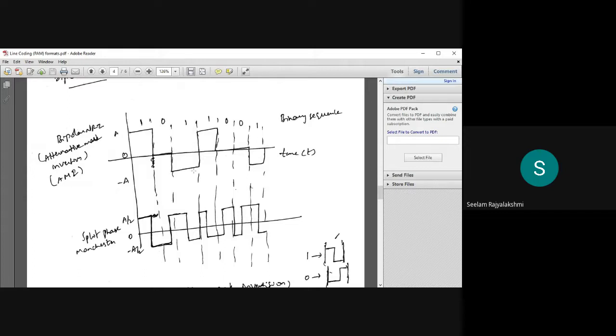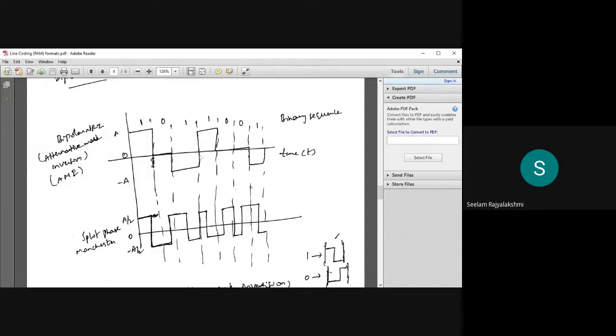Again when we have another 1, it takes positive. So positive, negative, positive, negative, like that it alternates. That is the meaning of alternate mark inversion.